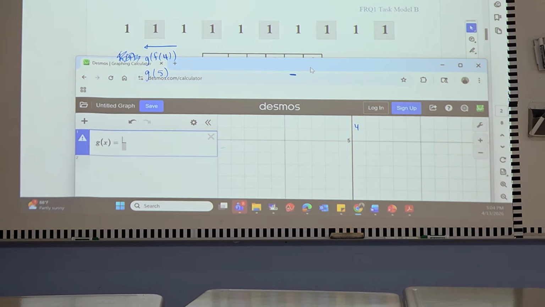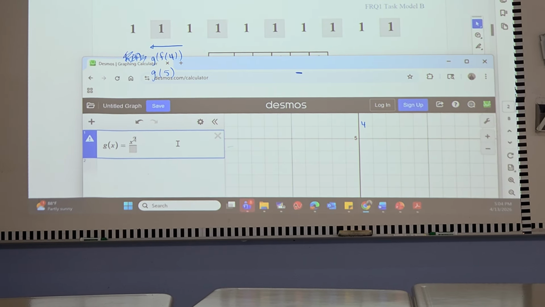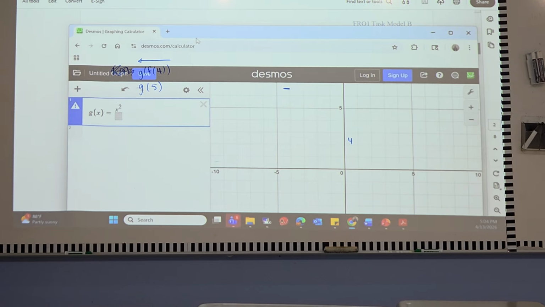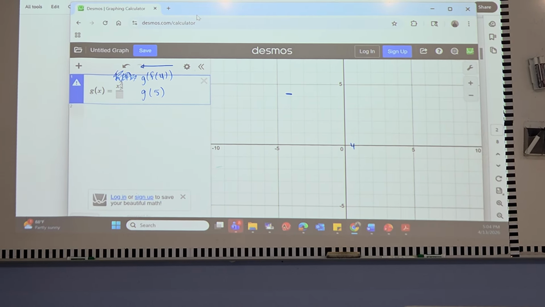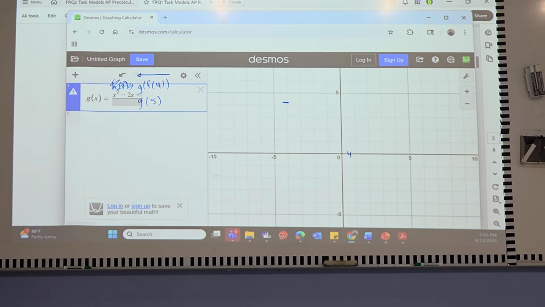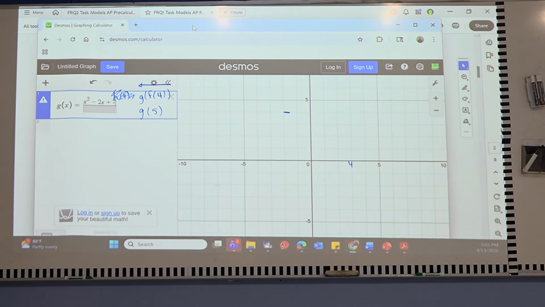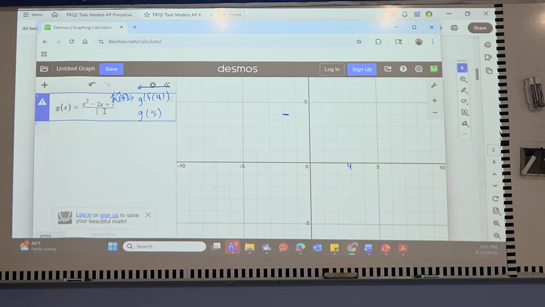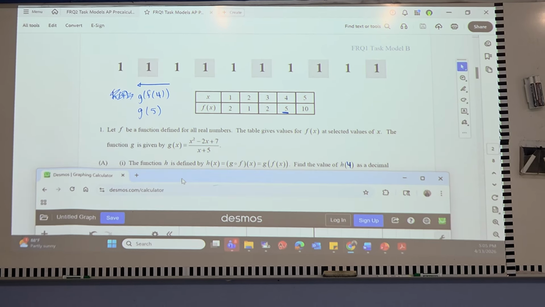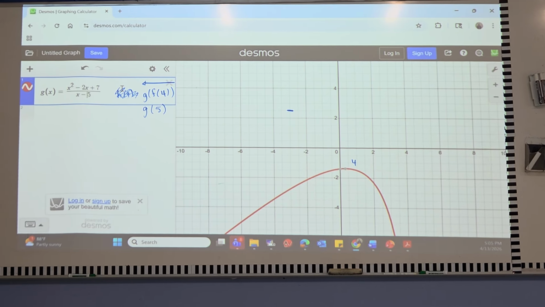X squared on top, followed by negative 2, minus 2x plus 7, divided by x plus 5. There you go. So let me switch this one.